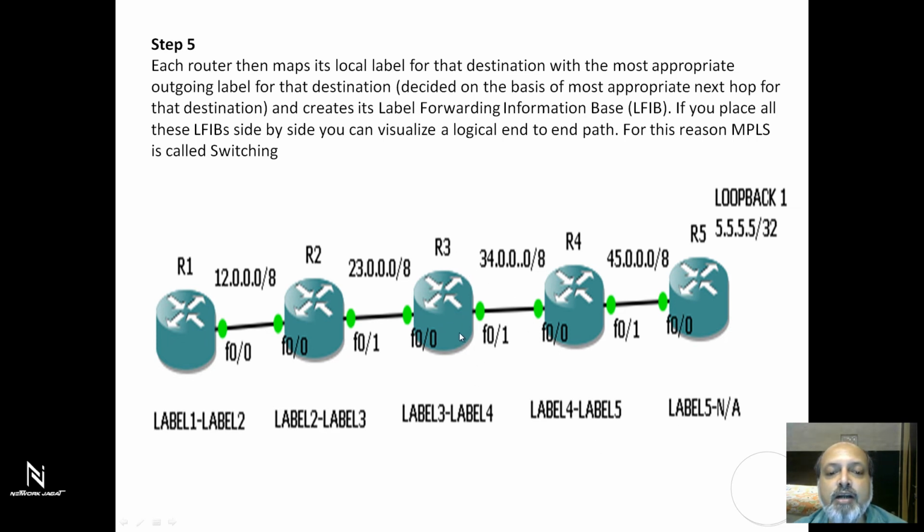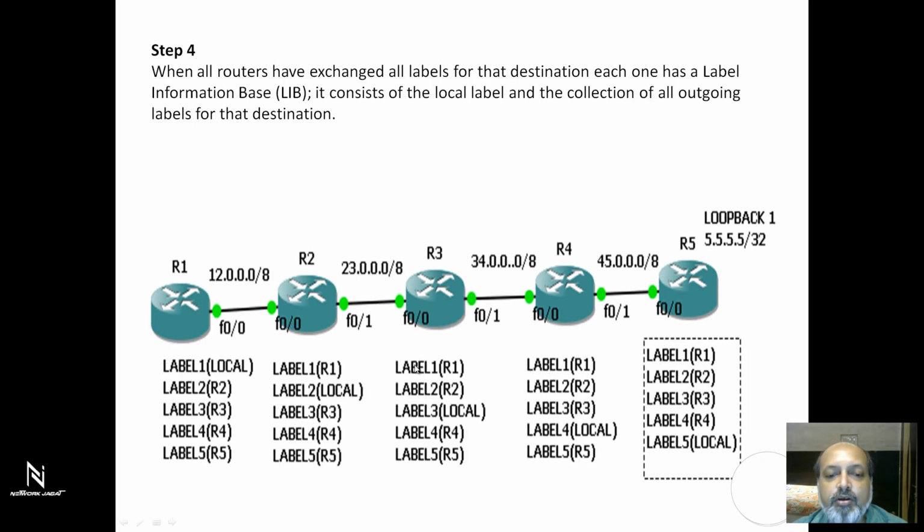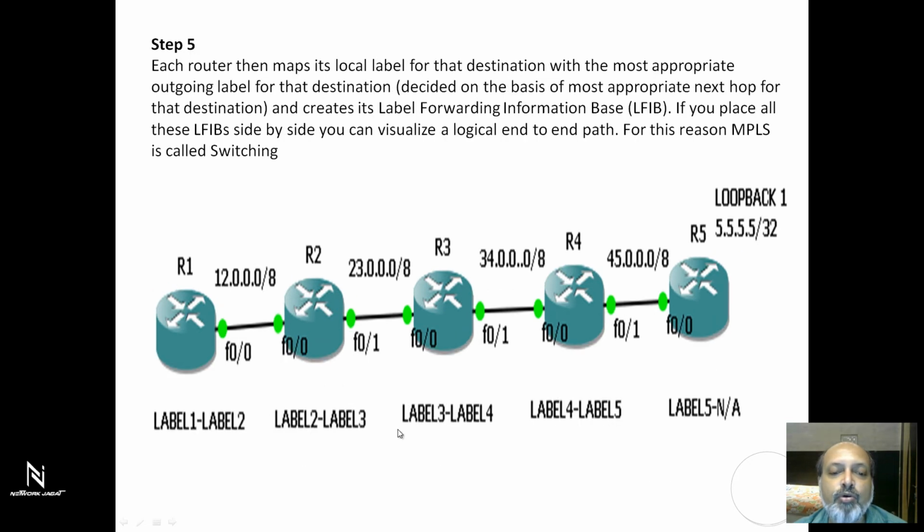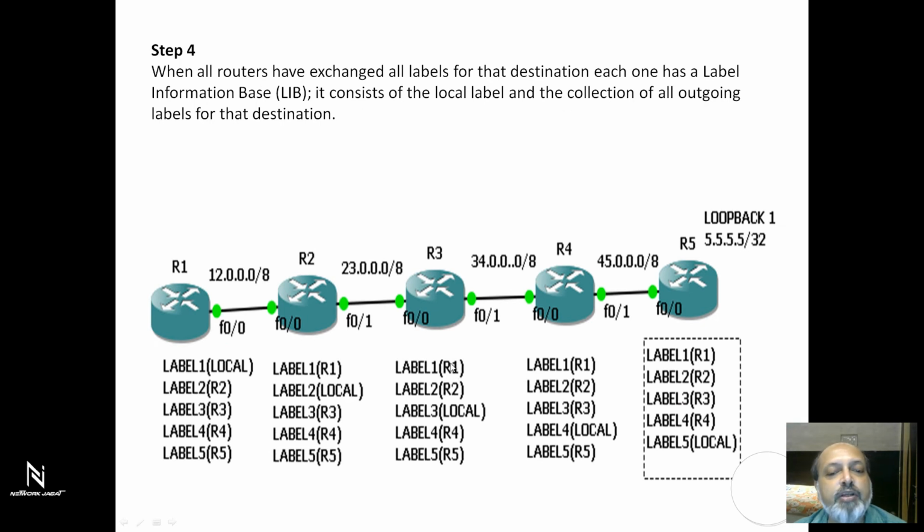Now if you consider R3, you see R3 has this particular label information base where label 3 is the local label and labels 1, 2, 4 and 5 are all outgoing. Now R3 will be relating its local label with label 4. Why label 4? Because definitely label 1 and label 2 are coming from routers who are farther away. They are not nearer to the next hop.